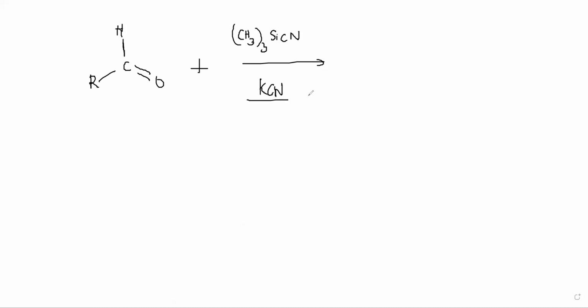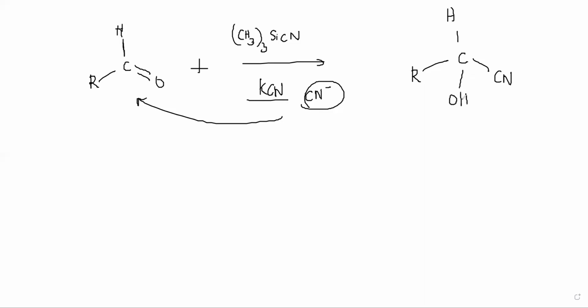So I am guessing that the CN minus comes first from KCN, right? And it attacks here, the pi bond, and that we know what happens, a cyanohydrin will be formed. OH, CN, right? This will be formed here. First CN minus will come and it will become O minus.